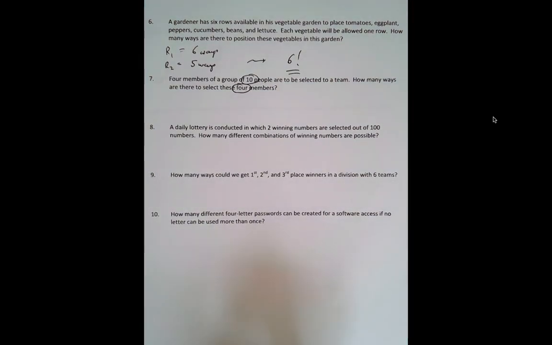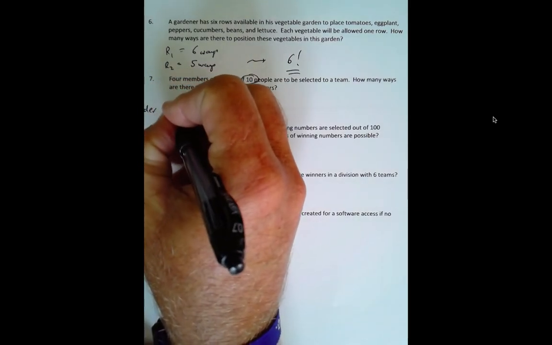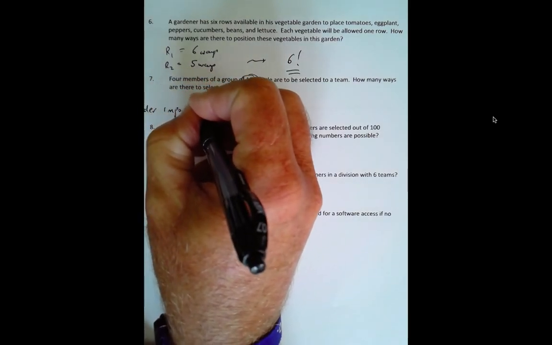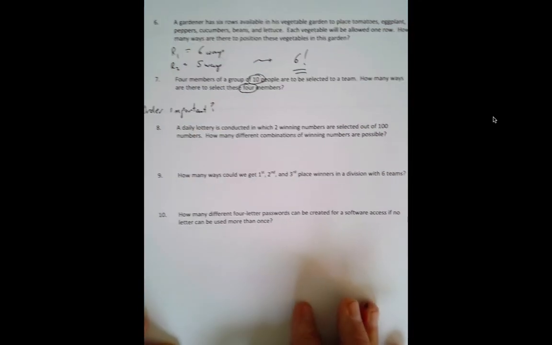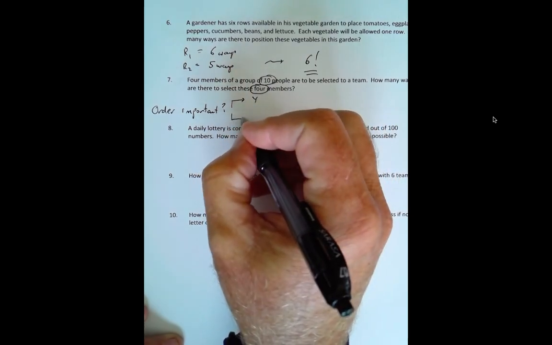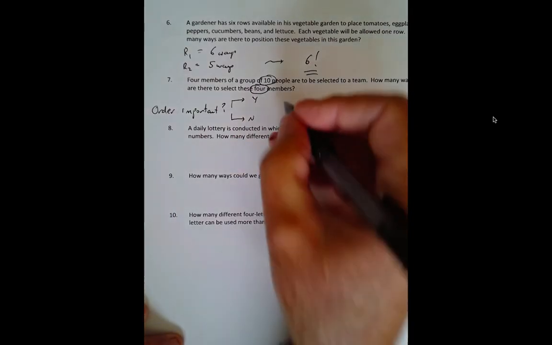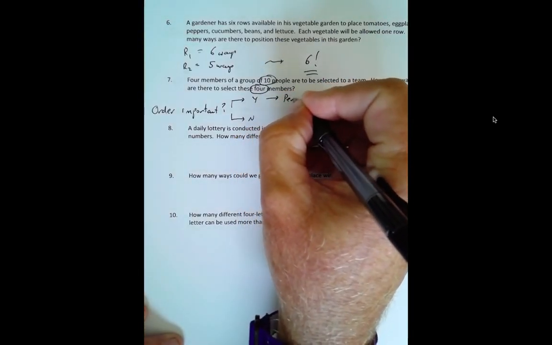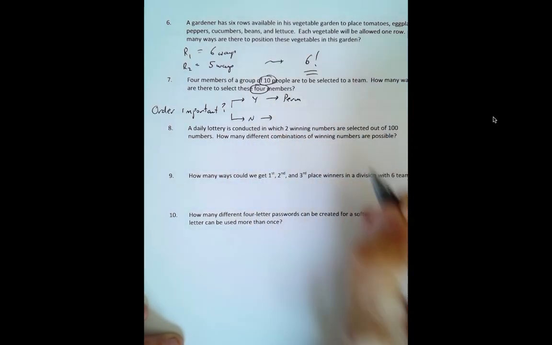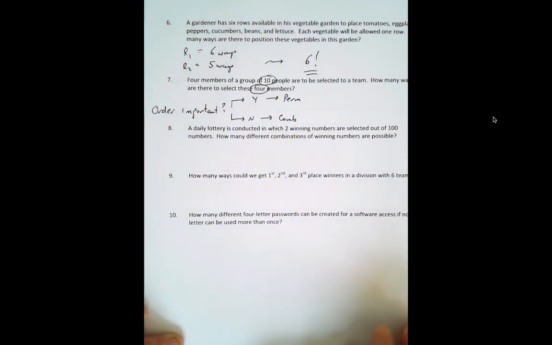Now, the next thing I look at is, is order important? Well, it either is or it isn't. Guys, if order does matter, we need a permutation. If order does not matter, we have a combination.